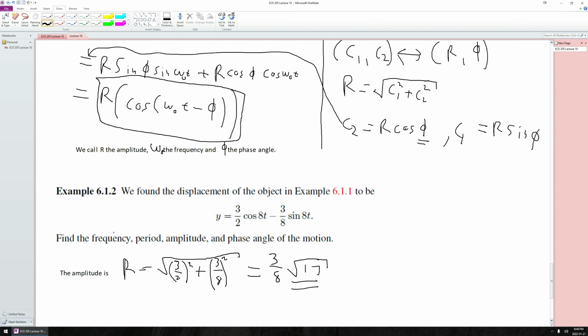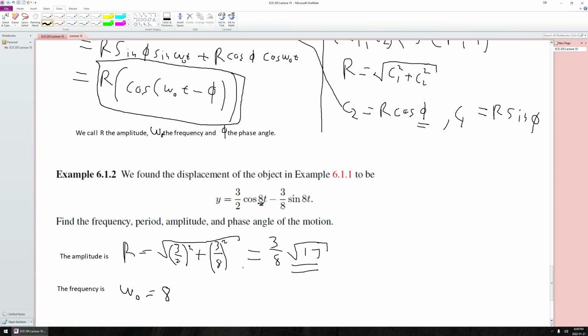Now if I want to find the frequency, this is kind of the easy bit. The frequency is just going to be my omega that's sitting here. So the frequency would be omega naught equal to 8. Okay, that one's pretty trivial to grab.